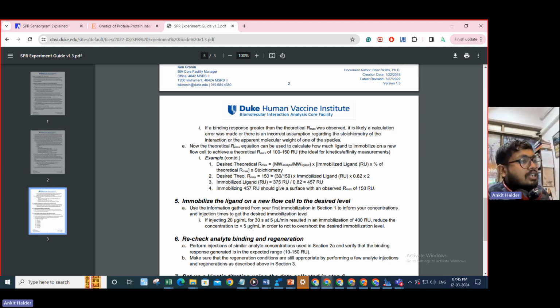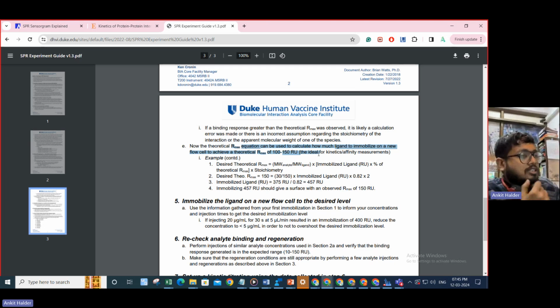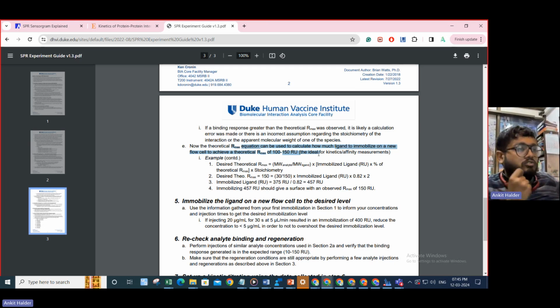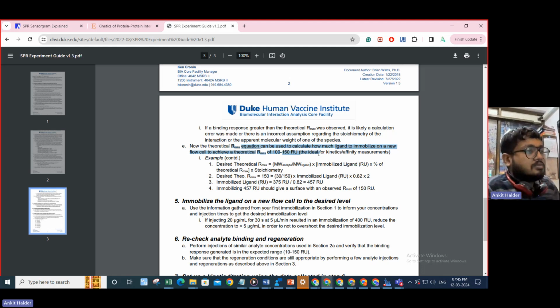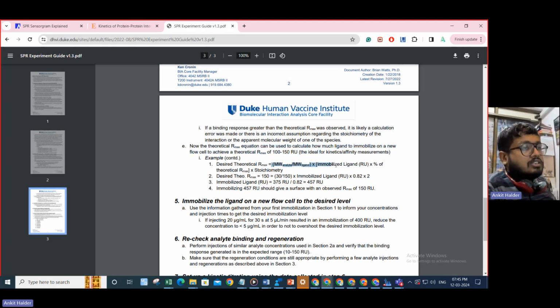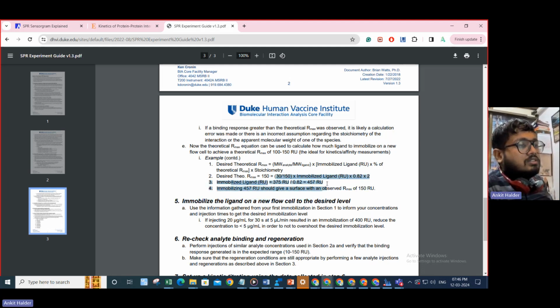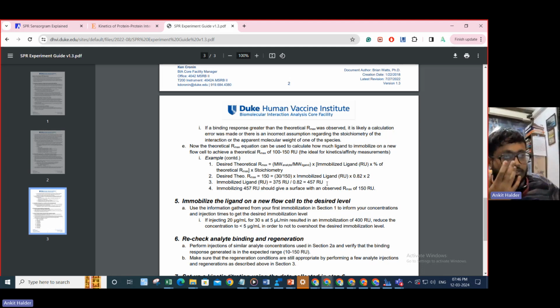So the thing is that this equation can calculate how much ligand to immobilize on a flow cell to achieve a theoretical Rmax of 100 to 150 RU, ideal for kinetics or affinity measurements. So desired molecular weight into immobilized percentage into stoichiometry: 30 by 150 into 0.82 into 2 is equal to 457.